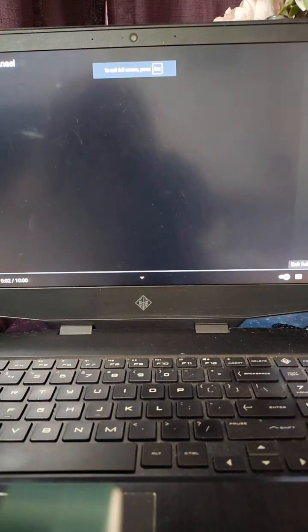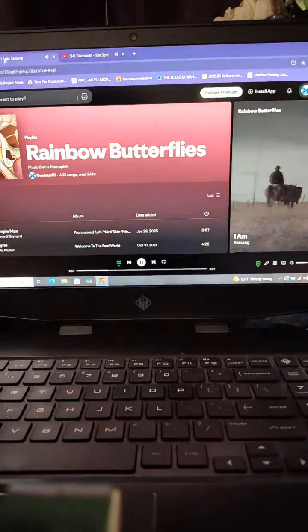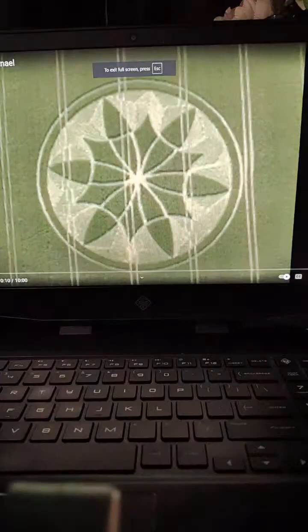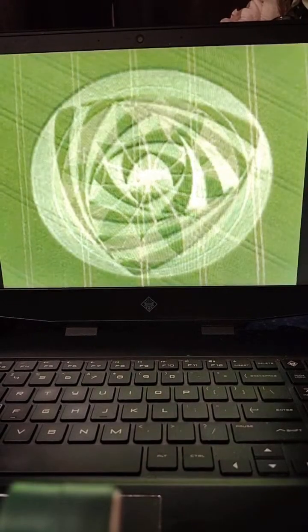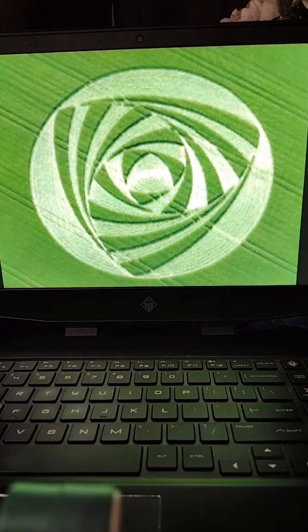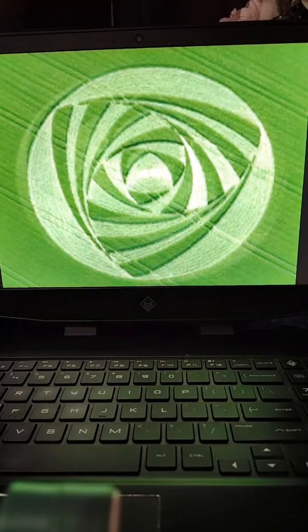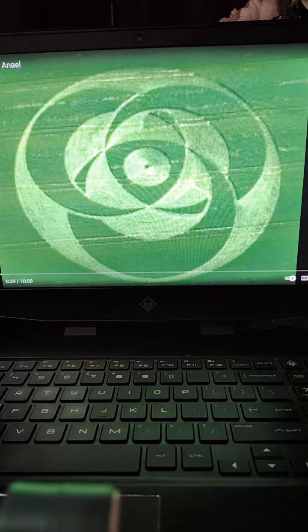I'm going to end today with this. And look at all the beautiful crop circles. All the messages that were left here for us by the extraterrestrials, by our extraterrestrial family.